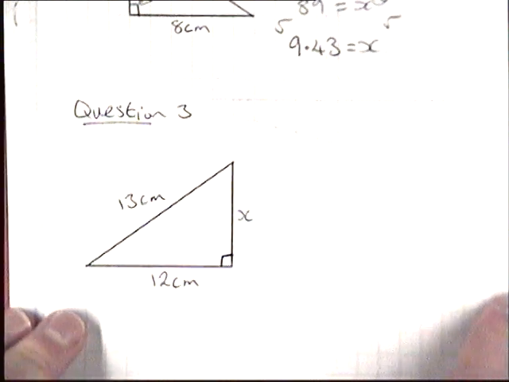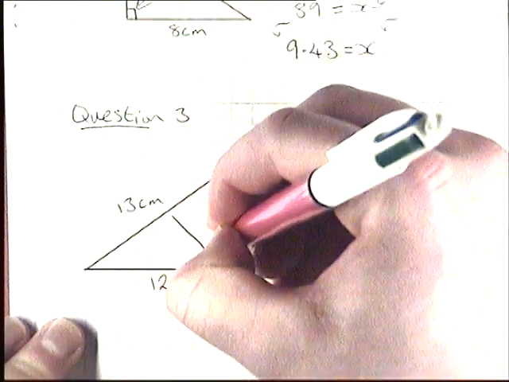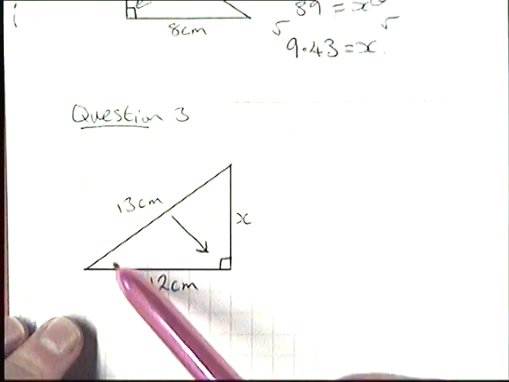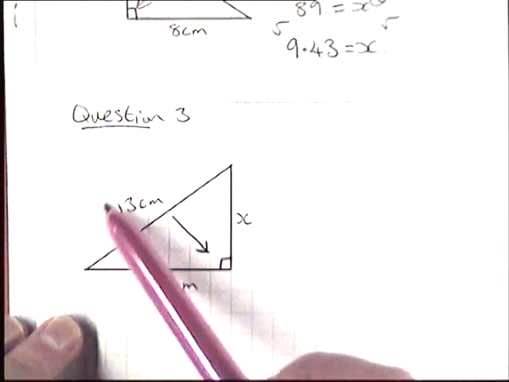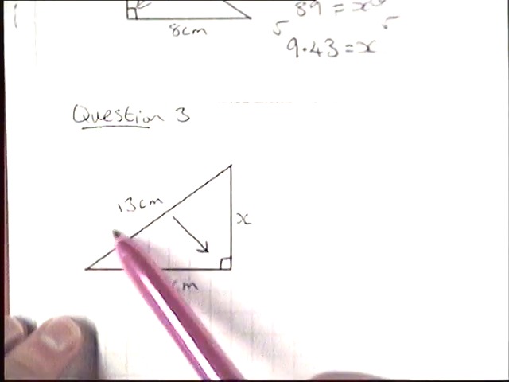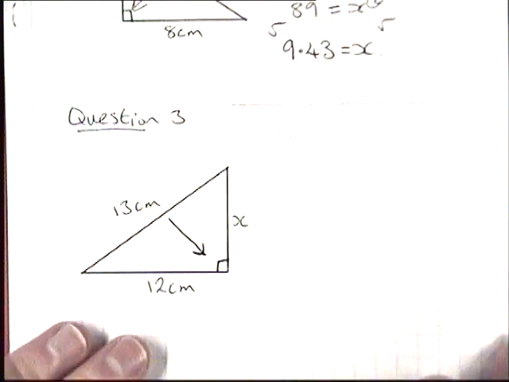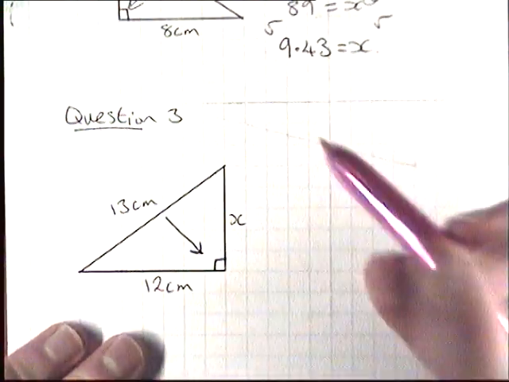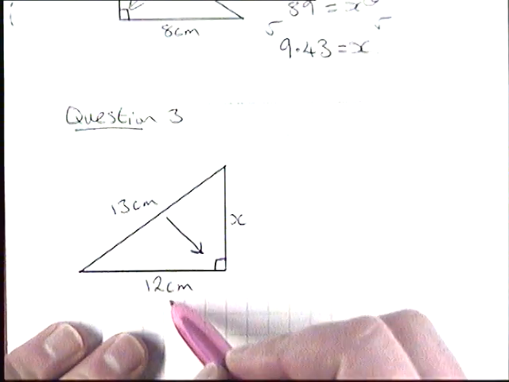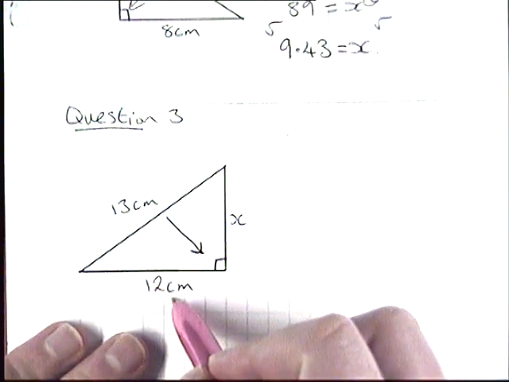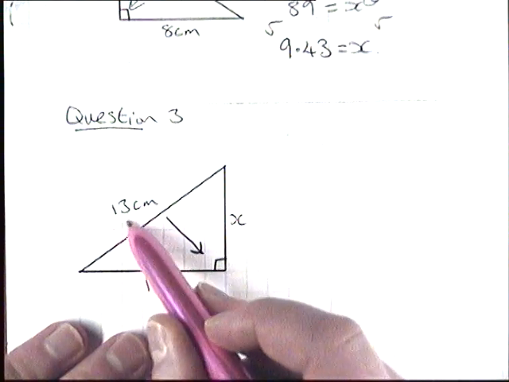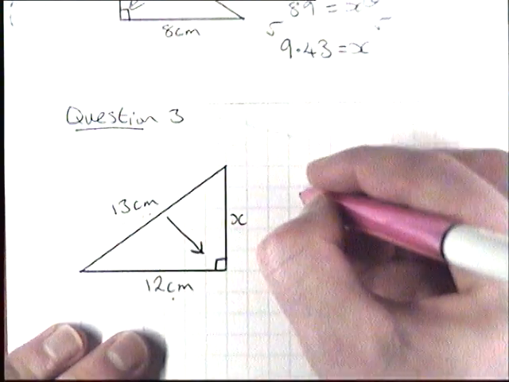Now, question 3, you'll notice that the side opposite the right angle, so our longest side, we've been given the value this time. So we're not trying to find the longest side anymore, we're trying to find one of the shorter sides. So that means we have to tweak our equation slightly. So we need to take the square of the shorter side we're given away from the square of the longer side.